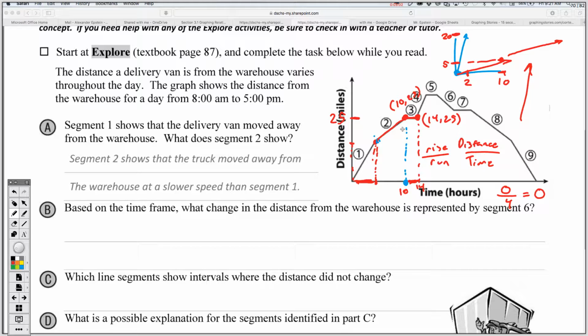He didn't move. Could be that he parked somewhere. He was at a stop sign, right? Because we don't know how much. Remember, I made up these numbers 10 and 14. So we don't know if it was 4 minutes, 4 seconds. 4 seconds would be a stop sign. 4 minutes might be a parking lot, right?